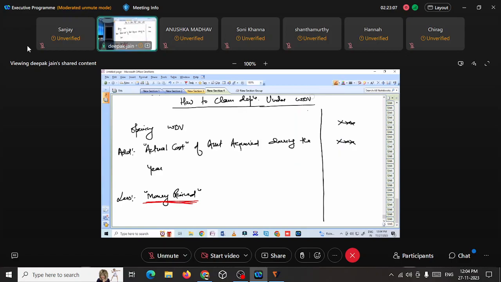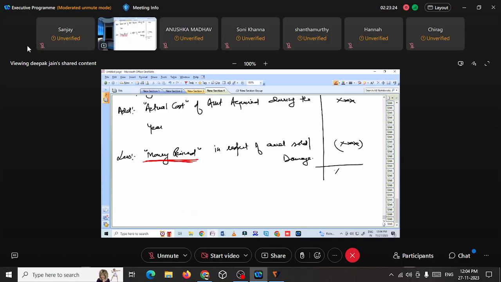Money received in respect of assets sold or damaged. The balancing figure is known as the closing WDV for the purpose of charging depreciation.